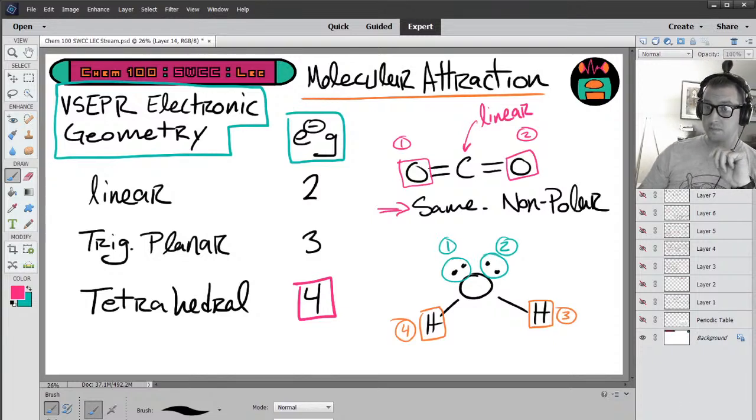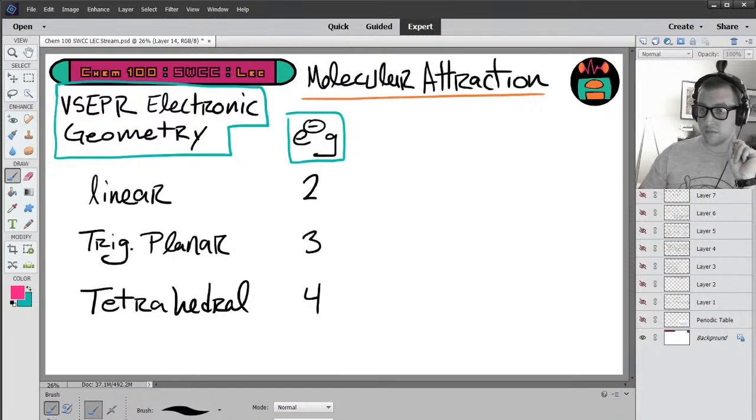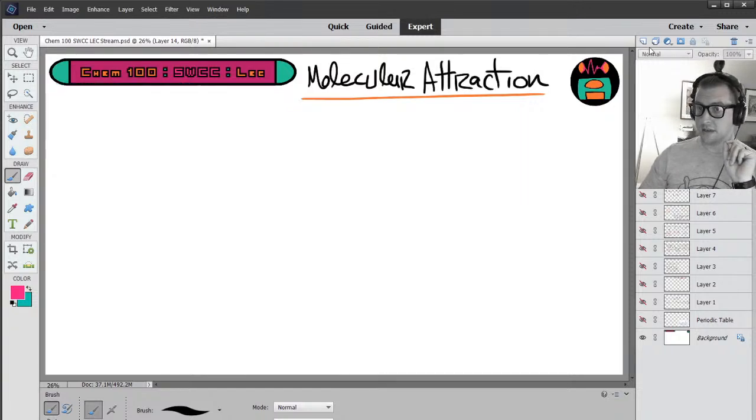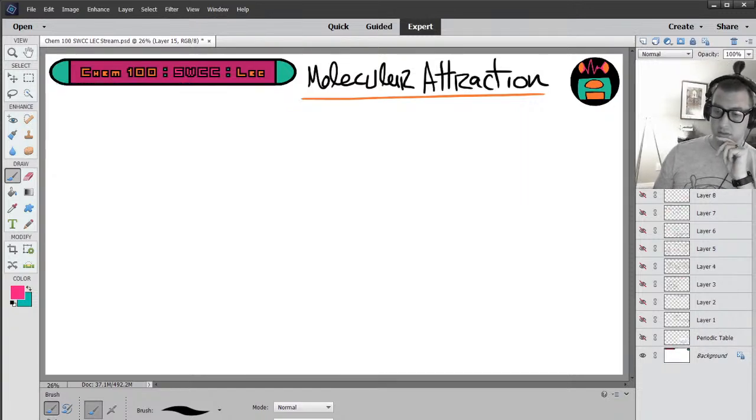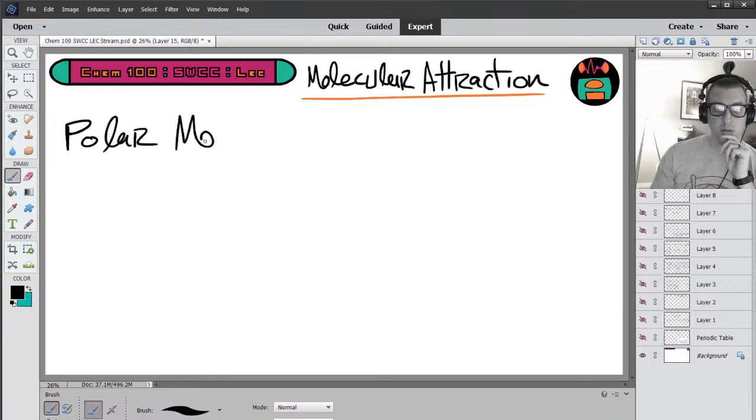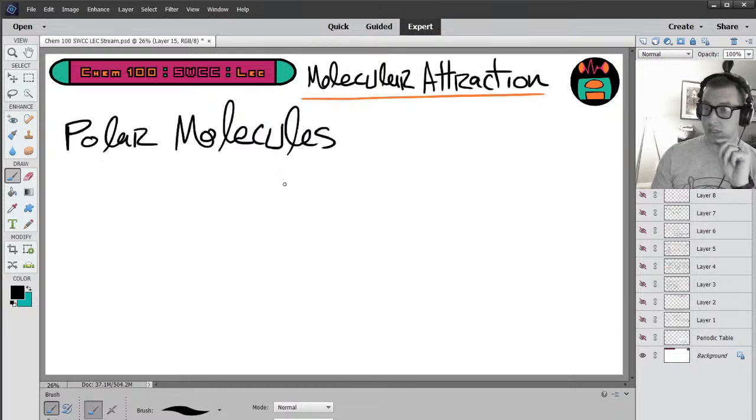All right, so I'm going to keep this handy. Polar molecules: a molecule needs 2 things to be polar.